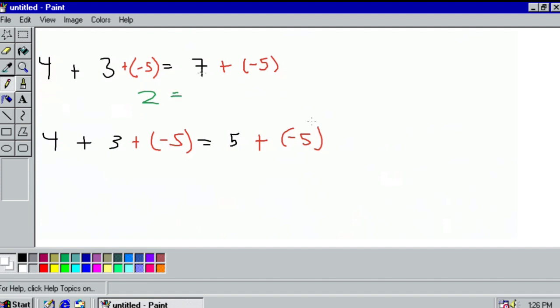Then we have 7 plus negative 5, or just 7 minus 5, that will also be 2. So this is the true equation, by the way.